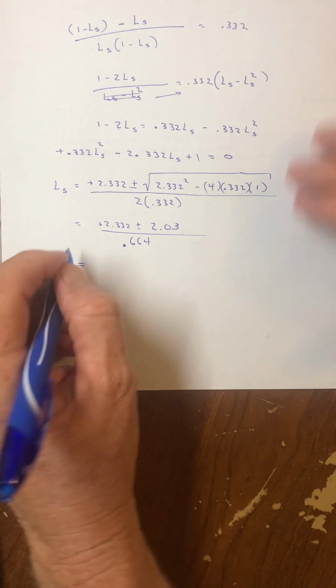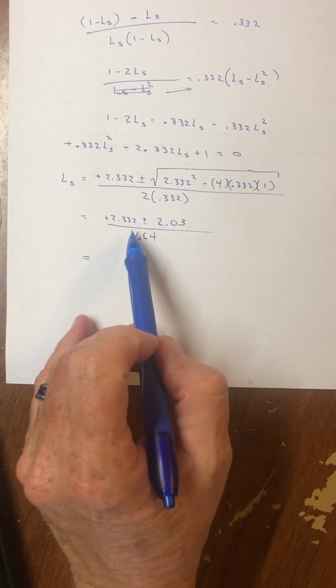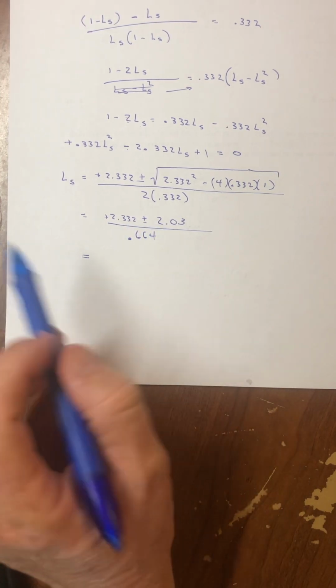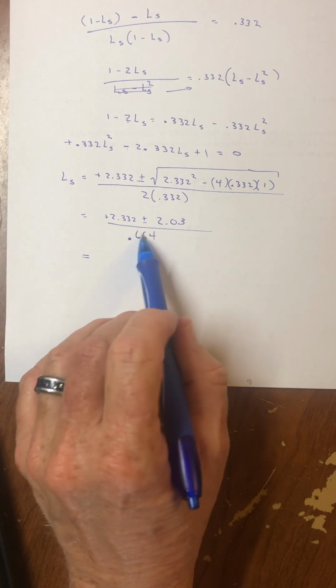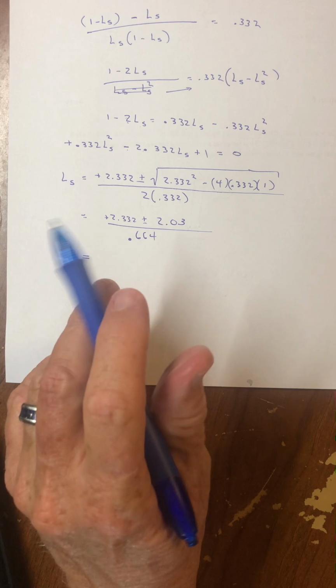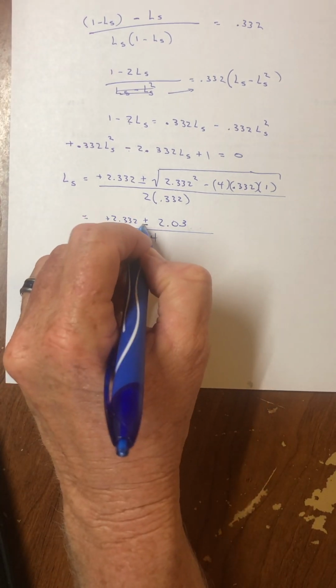Okay. And it looks like the extraneous root is going to be the one we get when we add them together, because that's going to be way over 1. And clearly, when you cut it, it's got to be something less than 1. And so I guess the correct one would be with the minus sign.